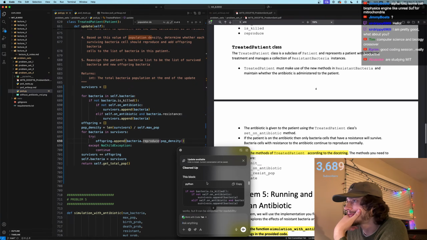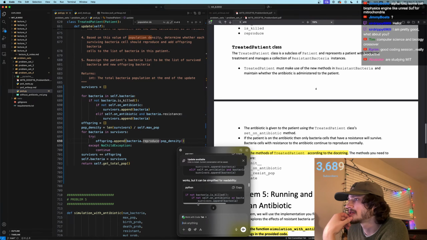If bacteria is killed. If not, bacteria is killed. If not, antibiotics or bacteria resistance.